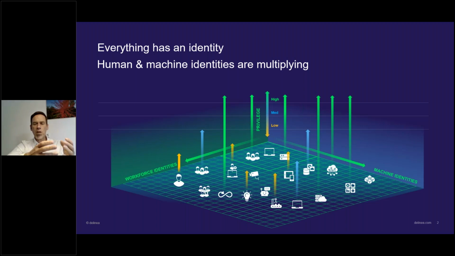But if you go back to where you start, and think about who am I as a person, I will be the same person, independent of whether I use the on-prem environment, go into the cloud, use AWS, Azure, a software as a service, whatever. I'm the one who has a right to manage and interact with some of these identities and with other identities.